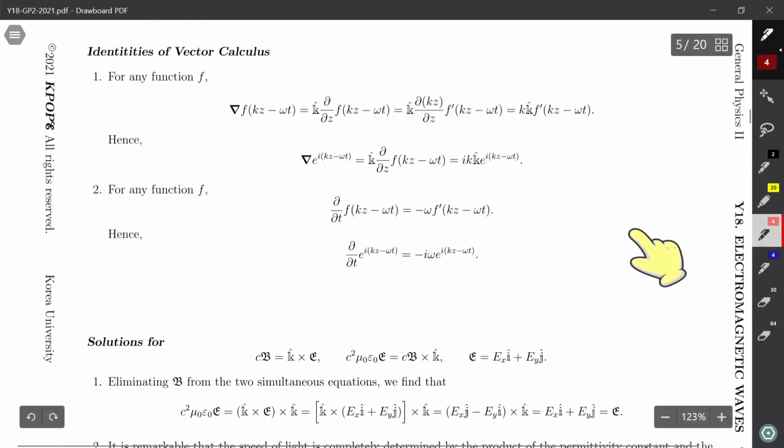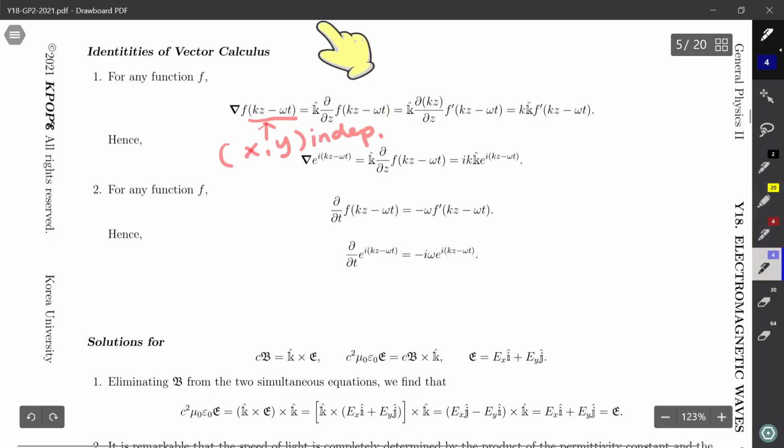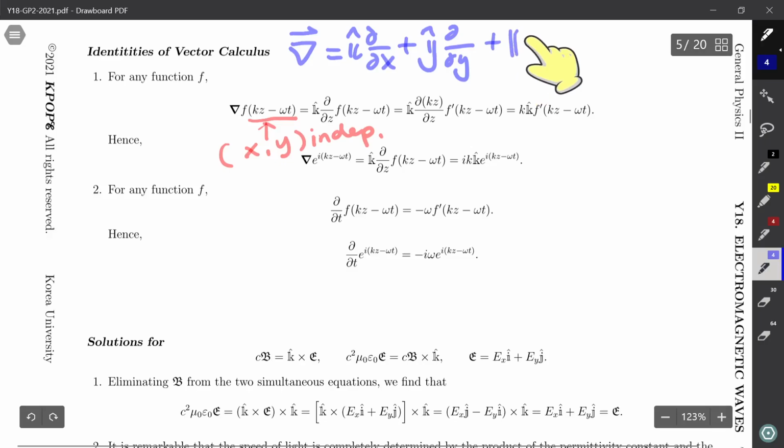Let us review some vector calculus identities. Here, no x, no y. Therefore, the gradient is i x derivative, j y derivative, k z derivative.